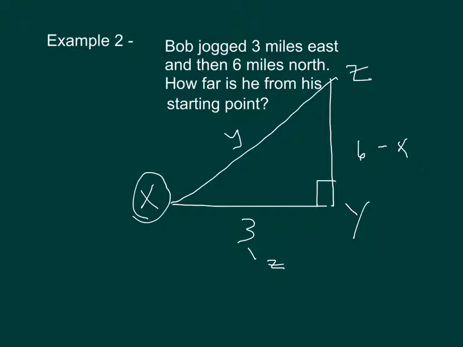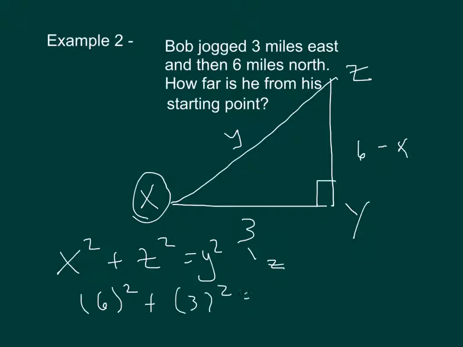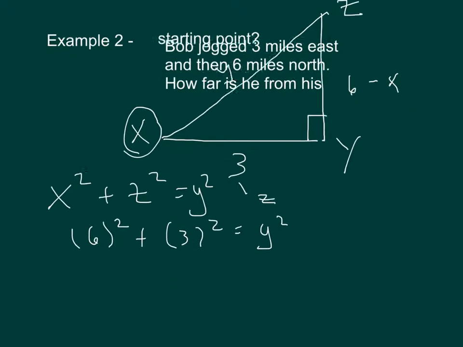We can write out the Pythagorean theorem for this situation with the following letters. It would be x squared plus z squared equals y squared. And then we'll fill in. The x is going to be 6 squared plus z squared, which is going to be 3 squared, is equal to y squared.